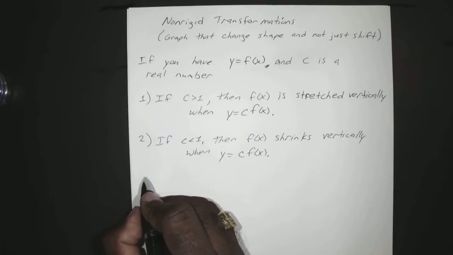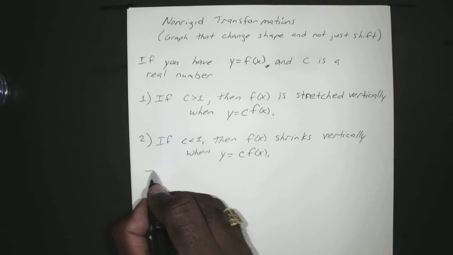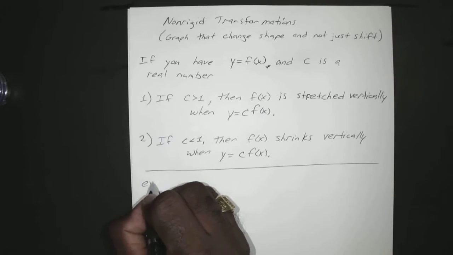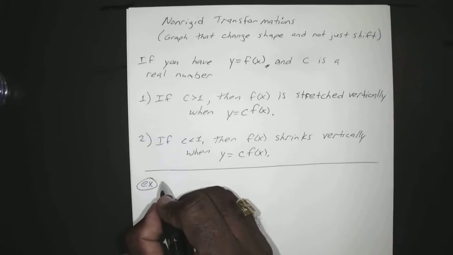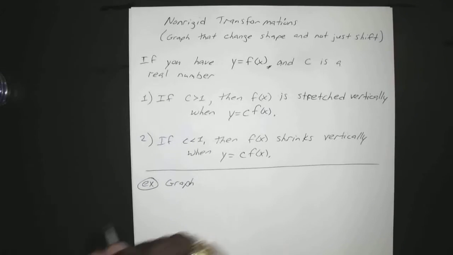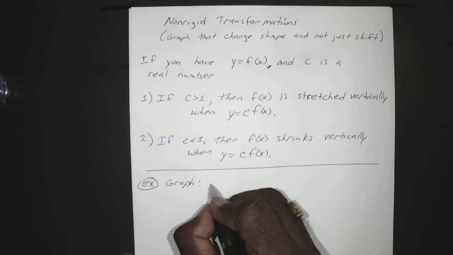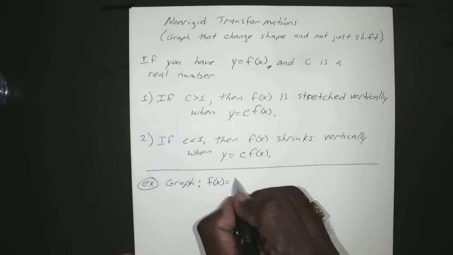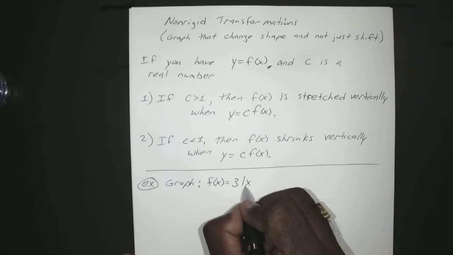Alright, so let's say, for example, you wanted to graph f of x equals 3 times absolute value of x.